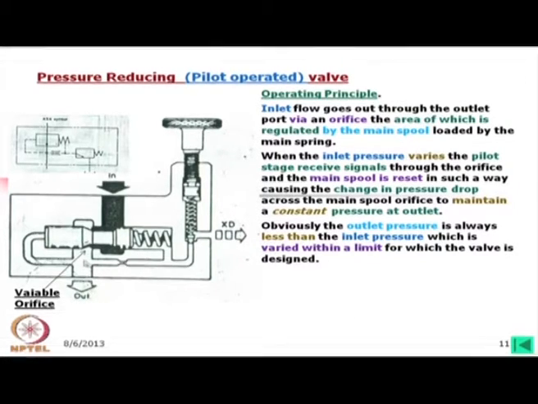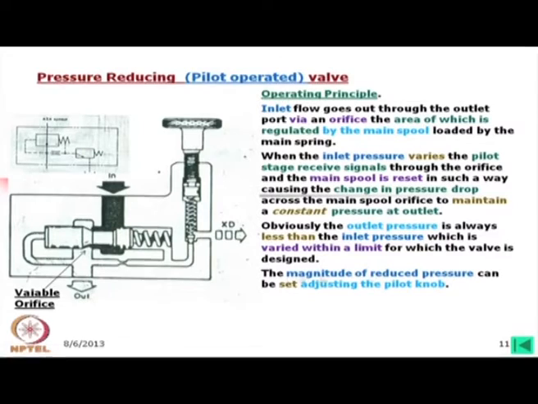You will find, say, suppose if you want to control a very small level, say 1 megapascal pressure, probably you have to go for a smaller valve. Okay. Now, the magnitude of reduced pressure can be set by adjusting the pilot knob. We can adjust this one.